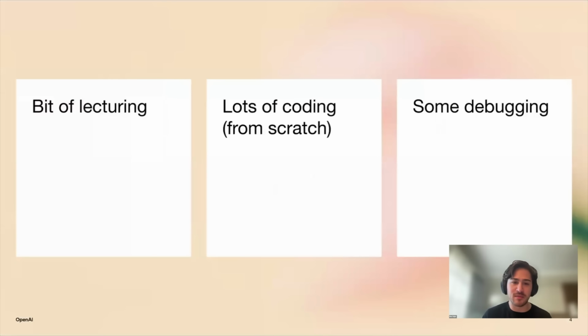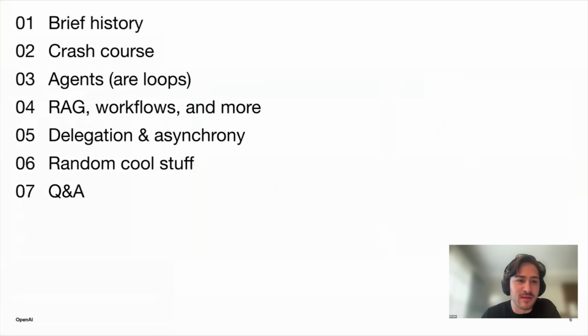So this talk is going to be some lecturing, a lot of coding from scratch, and then some debugging, hopefully not a lot. This is a little bit of what the workshop is going to look like. We're going to go over a brief history of Toolformers and function calling, then do a crash course on function calling.